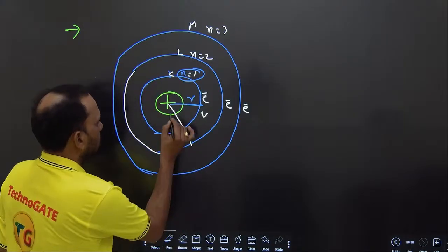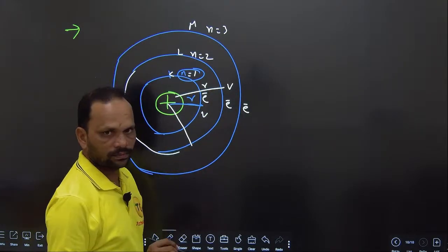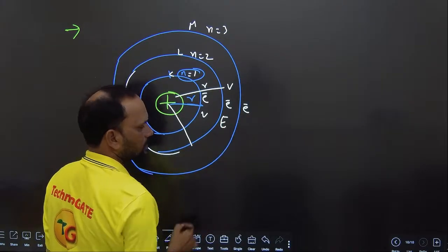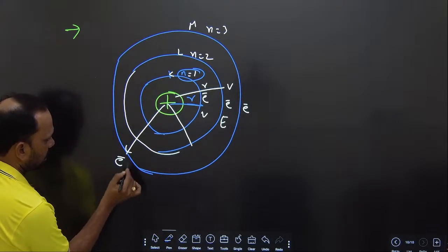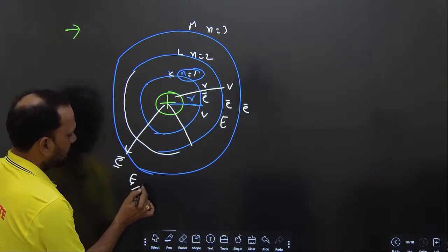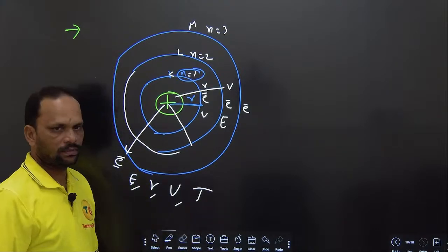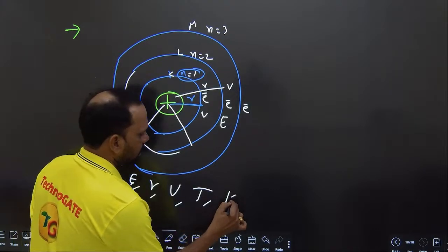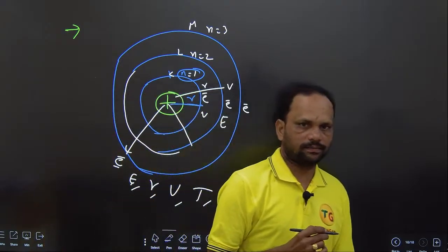So what is the velocity and the radius of this electron, what is the energy of this electron, what is its time period, what is its kinetic energy and potential energy? We'll discuss all these things.